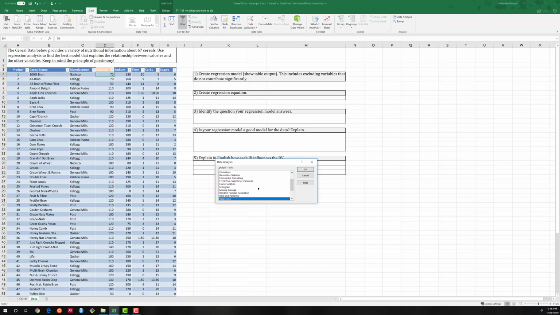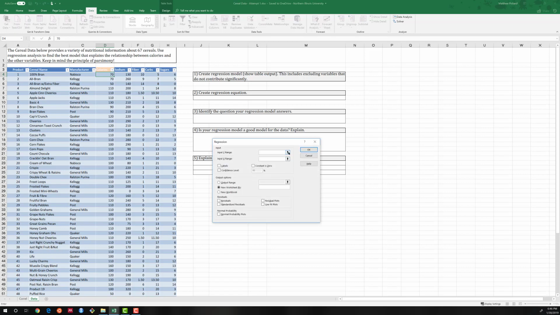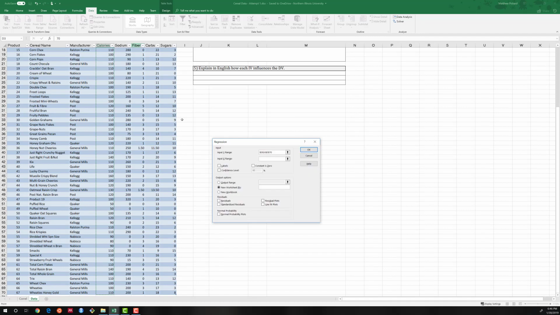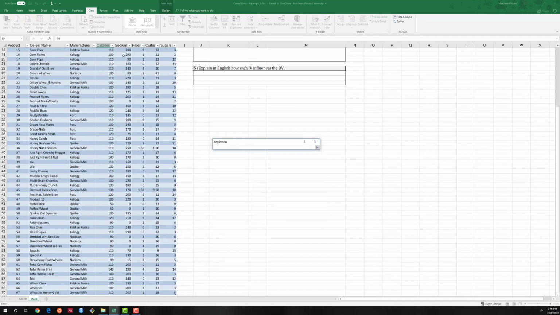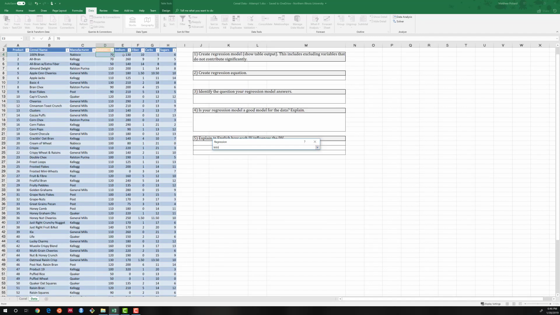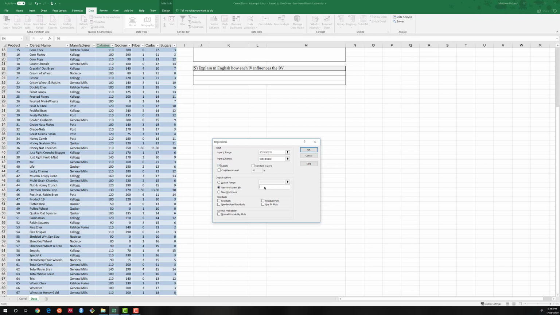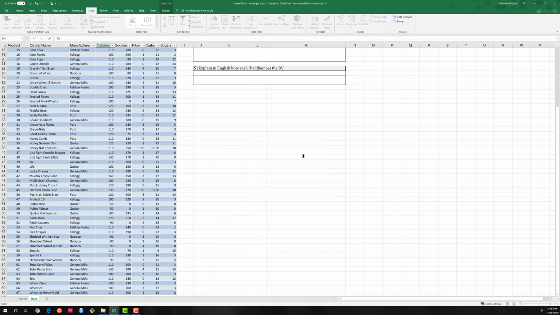So let's go ahead and fit that. Our y range is going to be calories. Our x range is going to be the 4 other nutritional factors. Make sure we do labels, and I'm going to call this All, because we're including all the variables.